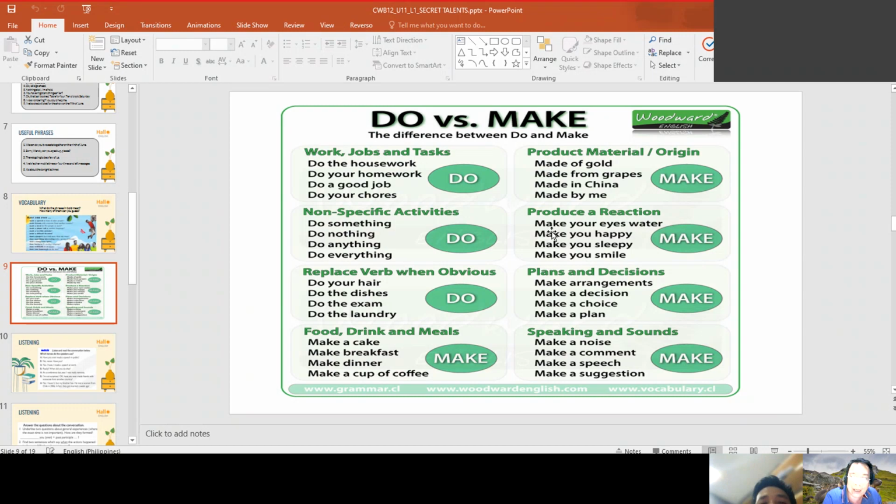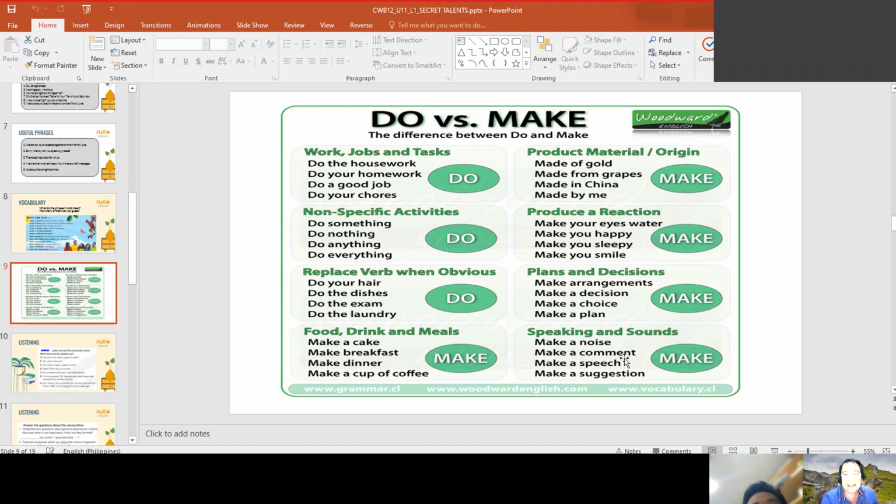Another one, when we are talking about make or made, producing a reaction, like make your eyes water, make you happy, make you sleepy, make you smile. So make you smile would be a reaction. Another one, plans and decisions, like make an arrangement, make a decision, make a choice, make a plan.